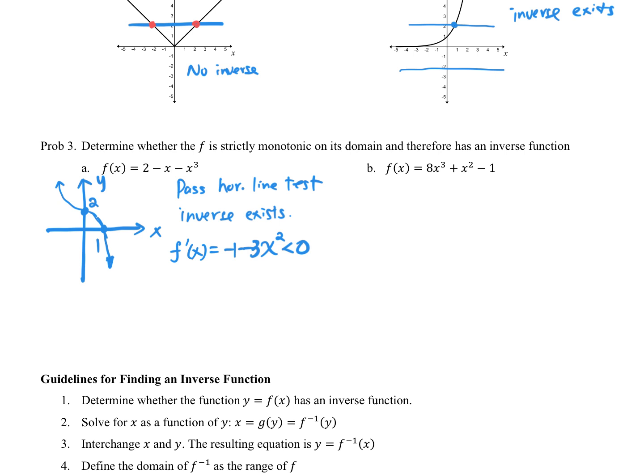And so that means f is strictly decreasing on its domain, and therefore it's one-to-one, and the inverse exists.